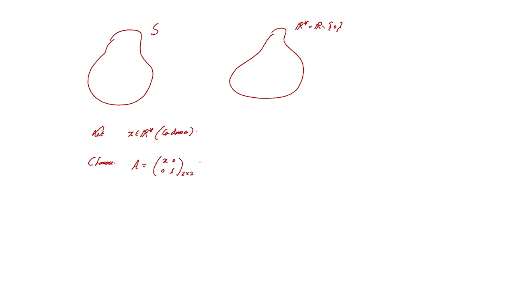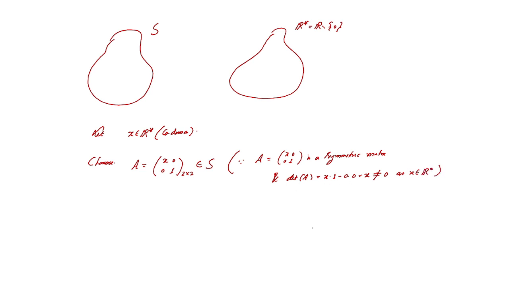Obviously this must belong to S. Why? Since A equals x, 0, 0, 1, this is a symmetric matrix, and the determinant of A is x into 1 minus 0 into 0, that means x, and x belongs to R star, so it is non-zero. So it is a symmetric matrix with non-zero determinant, that means A belongs to S.